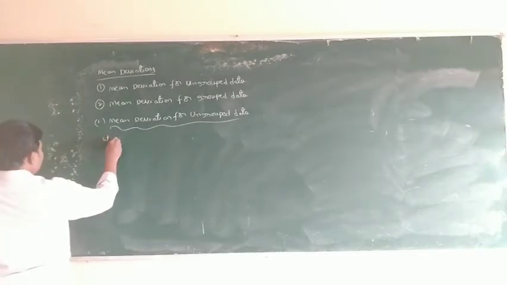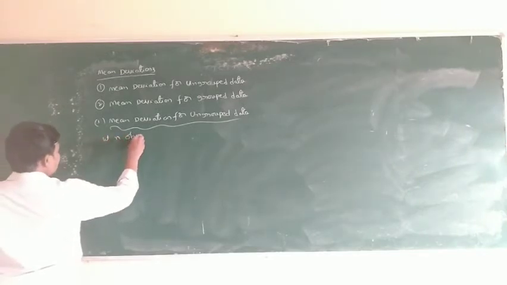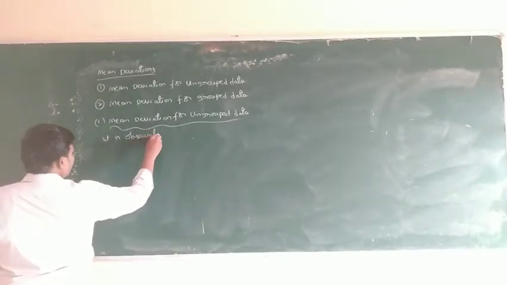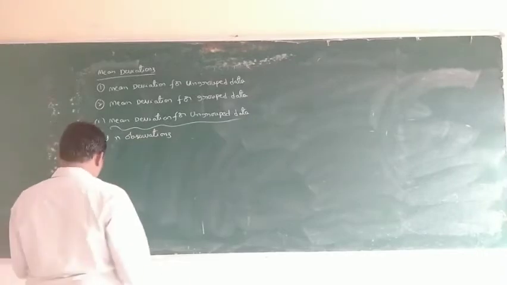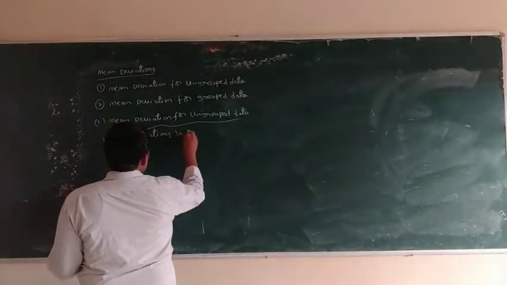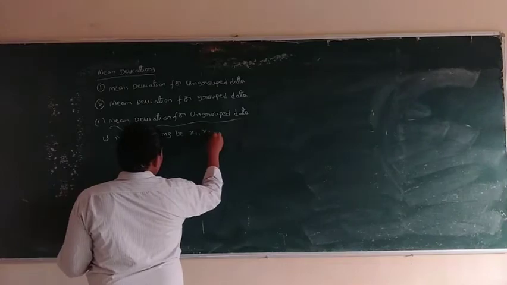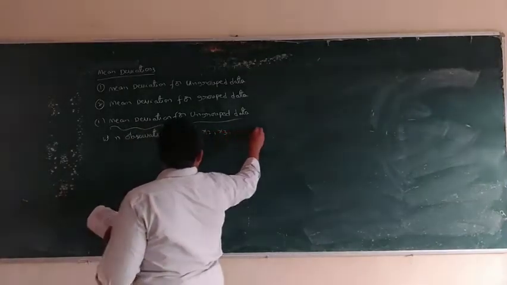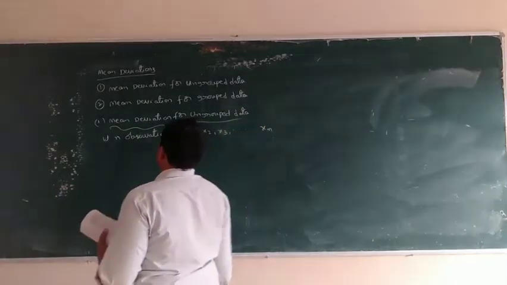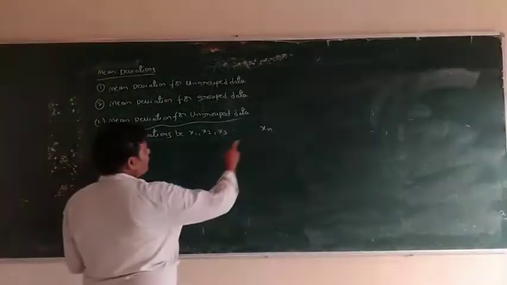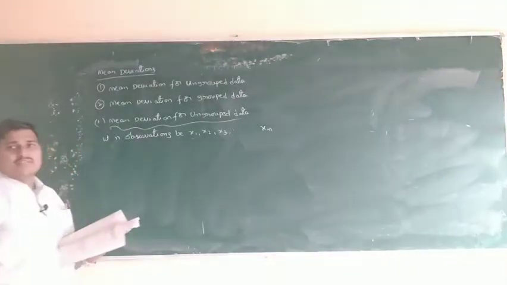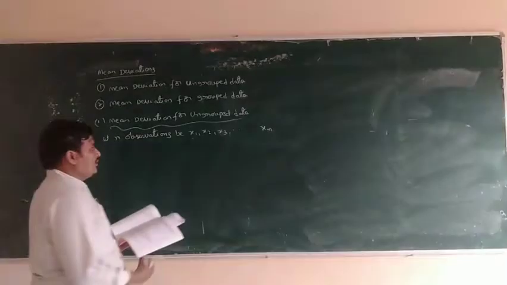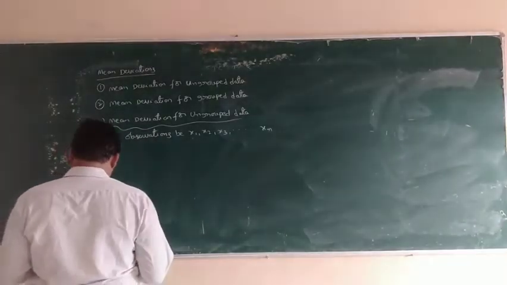Let n observations be x1, x2, x3 and so on up to xn. For example, 2, 3, 4, this type of n observations. This is ungrouped data.